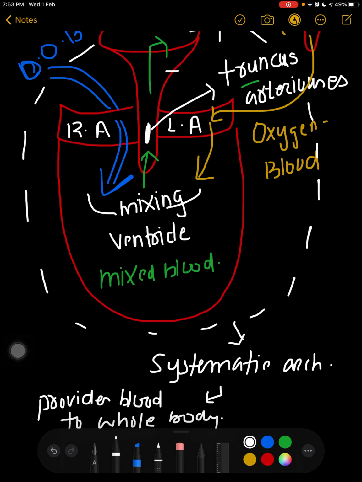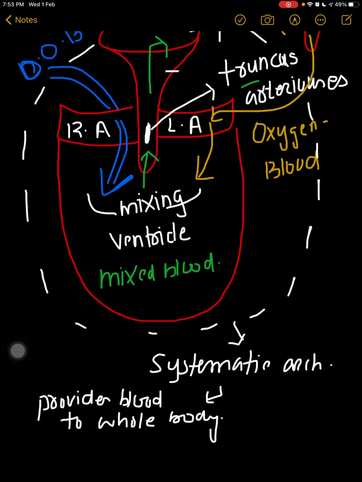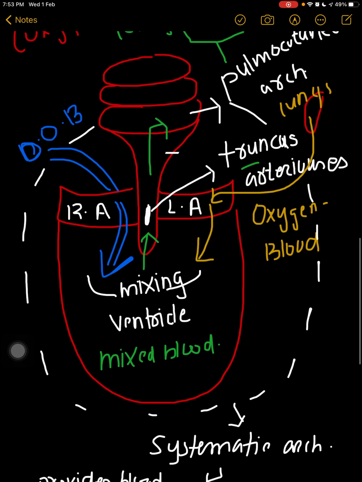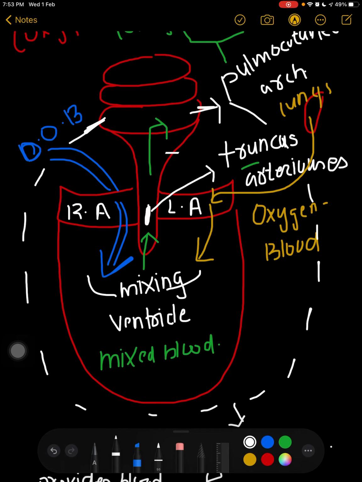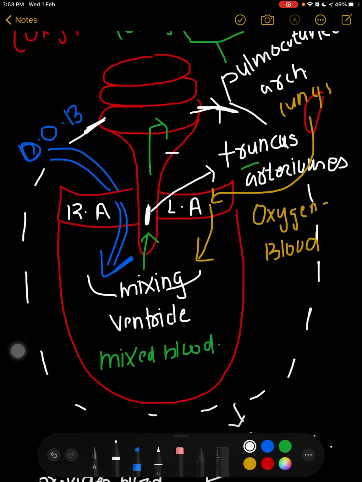This systematic arc provides blood to whole body, right. So from here the systematic arc arises and it is spread in whole body. So I hope this is clear to you.